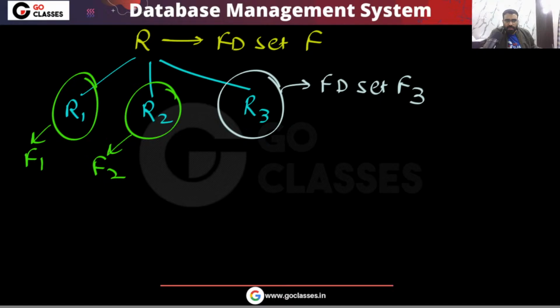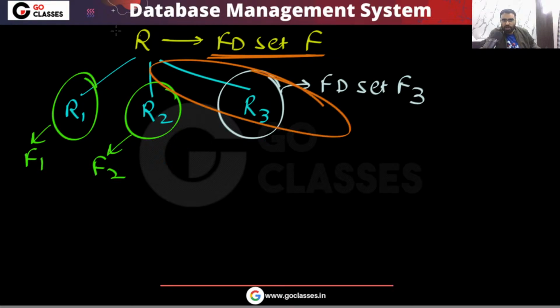Now, when we decompose R into R1, R2, R3, here we have all the functional dependencies of the relation R. Some functional dependencies of F will hold here, some here, and some here.